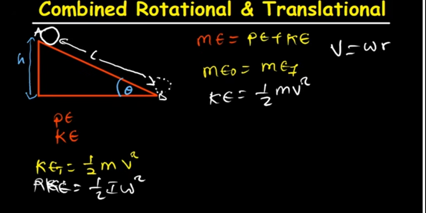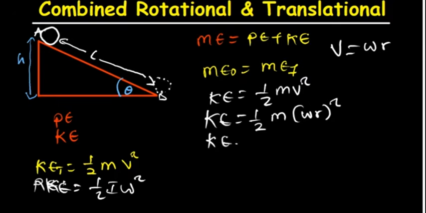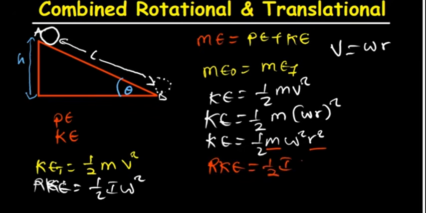I can replace v with w r, so kinetic energy will be equal to half m, v is w r, but it is squared. Kinetic energy will be half m w squared r squared. So we know that mass times radius squared is the inertia. So rotational kinetic energy is given by half inertia times angular velocity squared. Now I've derived this formula.